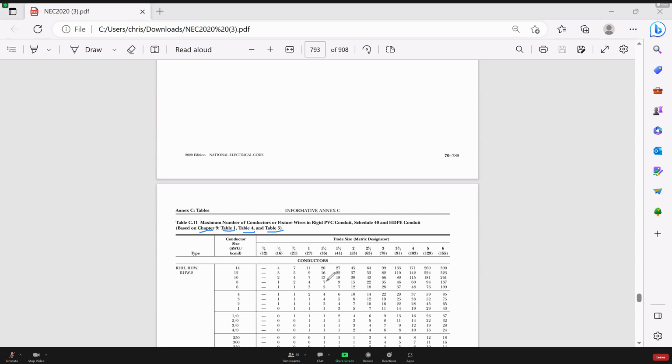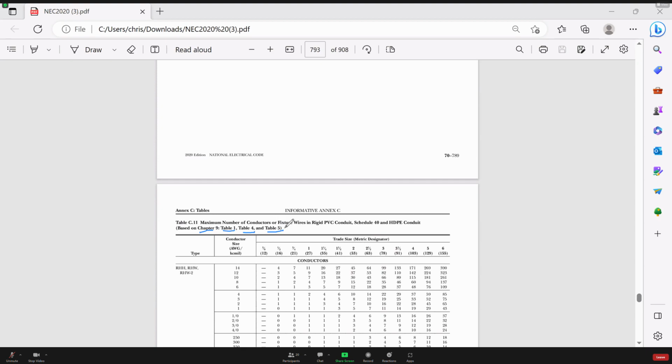They have already done the calculations for us. Instead of us breaking out table 5 and table 4, table 5 giving us the area for each of our wires plus insulation, and table 4 telling us the cross-sectional area that we can take up.